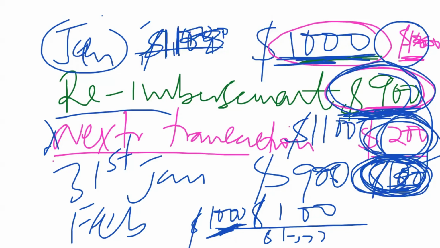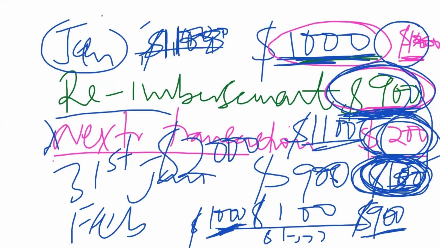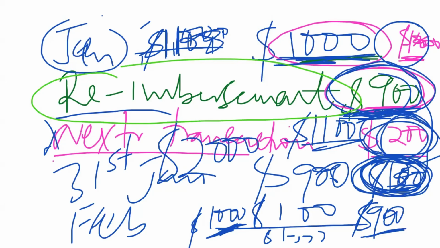So the other one could think that maybe in the month of Feb, the main cashier should give the petty cashier 900, so that when you add this plus this, it gives you 2,000 US dollars, which is for the 2 months. That's wrong also, because every time the petty cashier goes for a reimbursement, that reimbursement should be for the expenses that have been paid, just paying back the money that the petty cashier has spent, just to restore that petty cashier back to the original float.